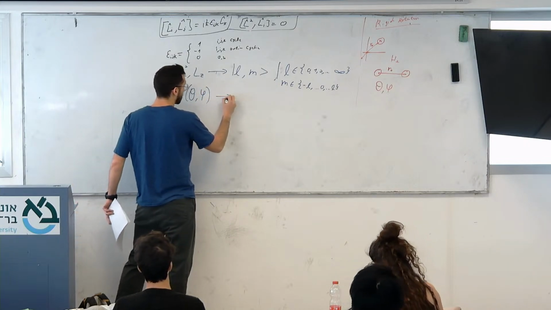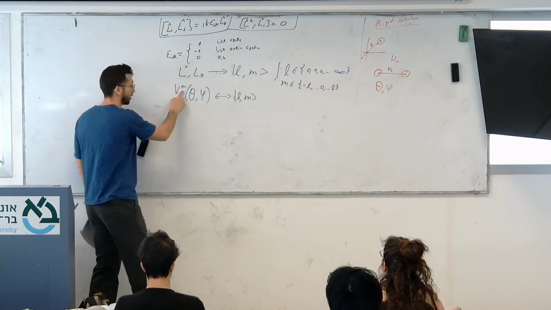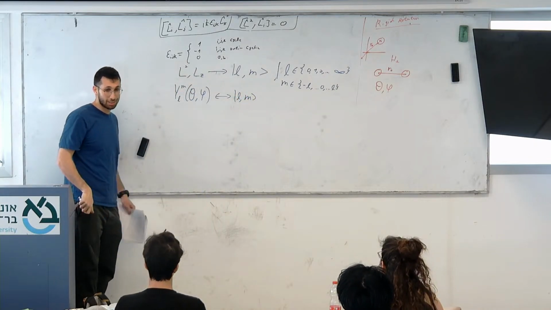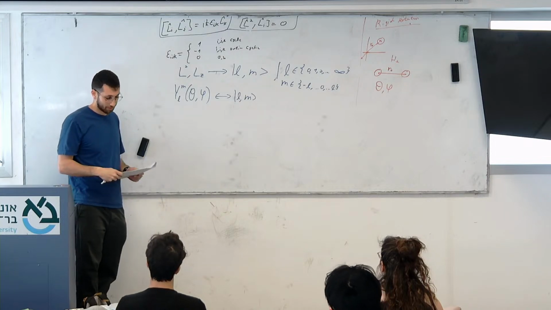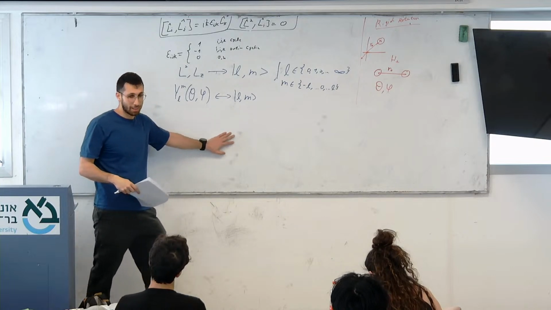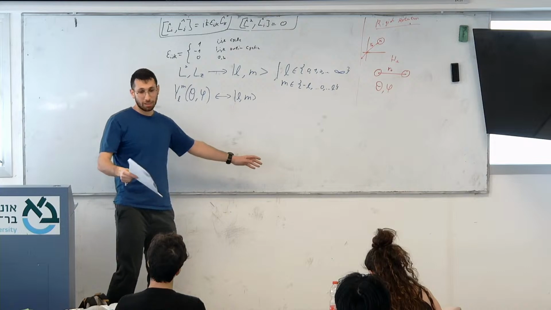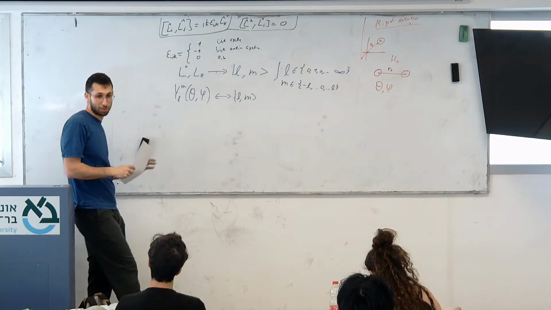So this is exactly the same L and M. It's like magic. The connection is supposed to be further explained in the lecture, and if it's not, it means you need to assume this.